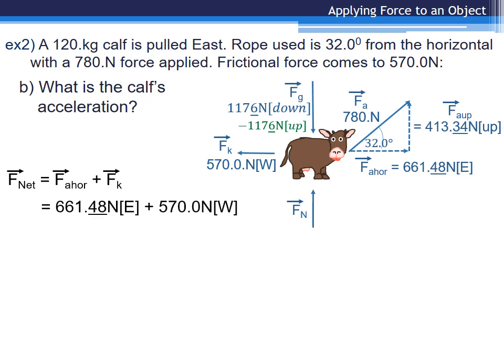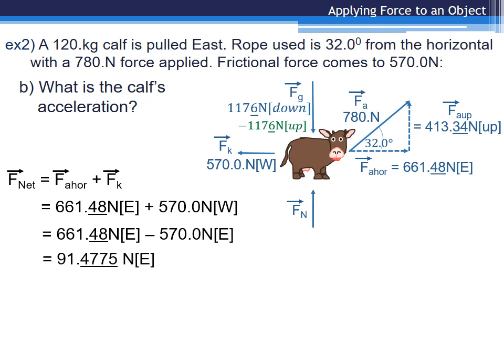So we'll substitute our numbers in. They'll both have to be switched to east because east is winning. And that tells us the net force acting on this calf is 91.4775 newtons east. Now I'm looking for acceleration, so I'll use F net equals mass times acceleration. To get acceleration by itself, divide both sides by mass.